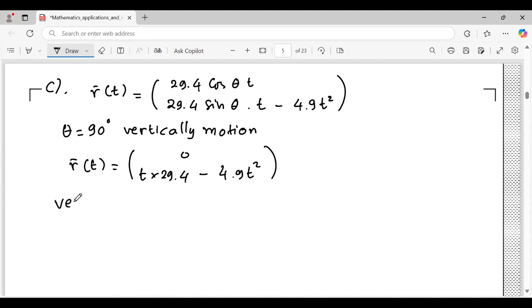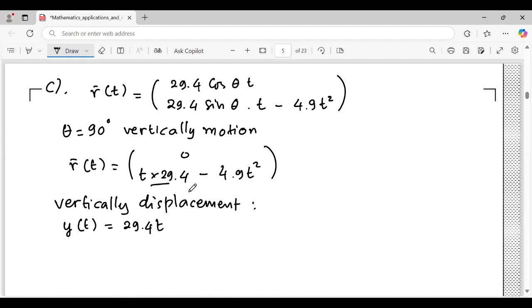The vertical displacement we can state by y(t) equals 29.4 t minus 4.9 t squared.